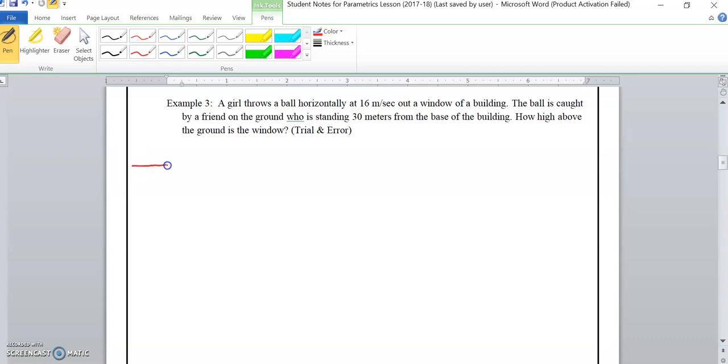So here we have a building, and we know the object comes out of some window. We don't know how high up from the ground in the building this is, so we don't know this height, but we do know that it is 30 meters to here.